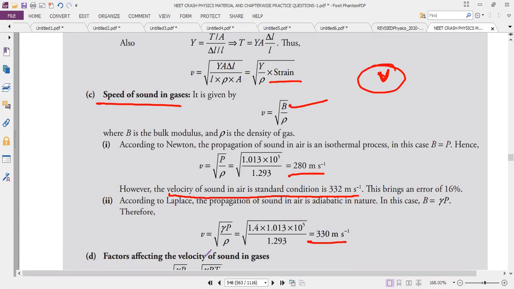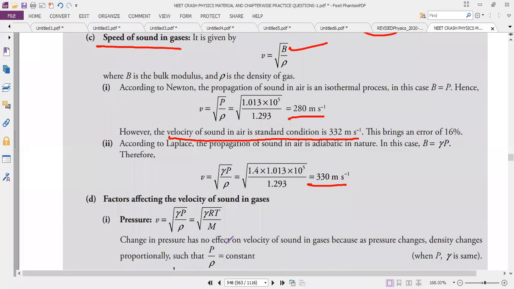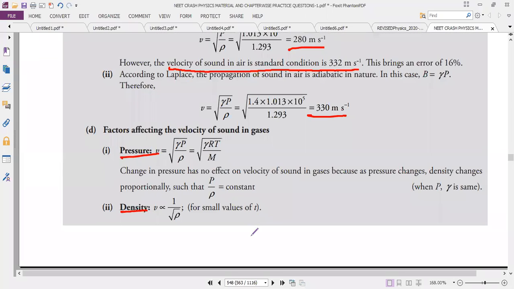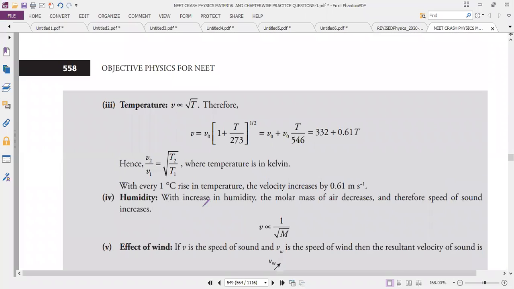See here. The factors affecting the velocity of sound in gases: pressure, density, temperature, humidity, and the effect of wind.